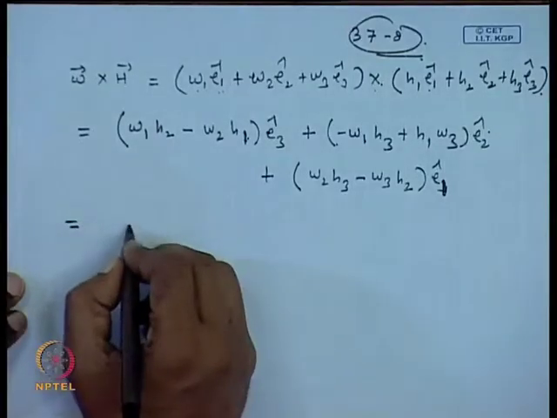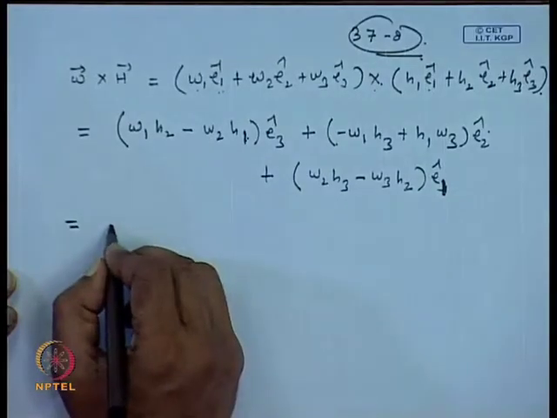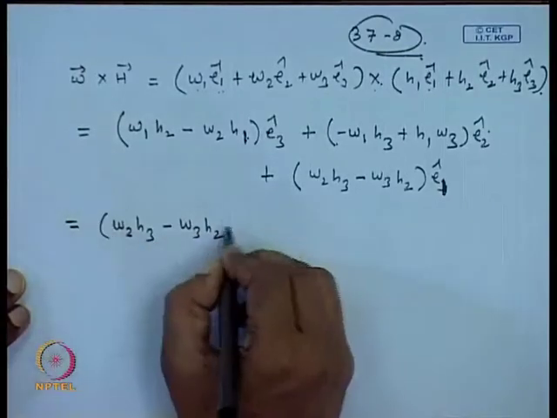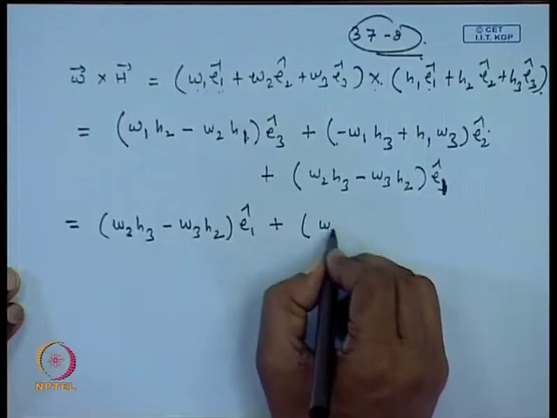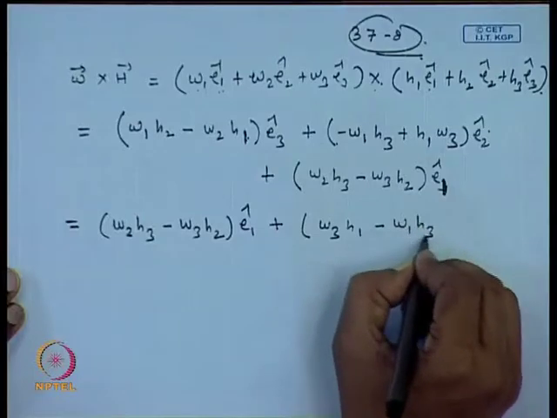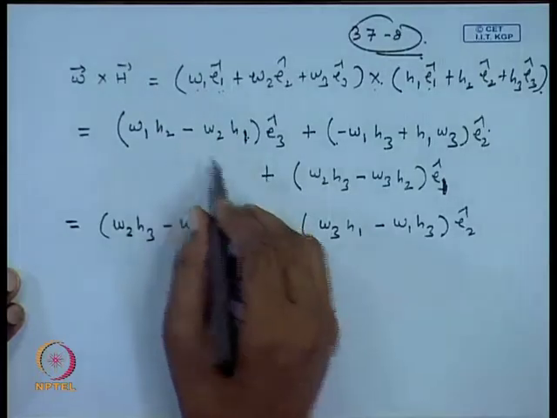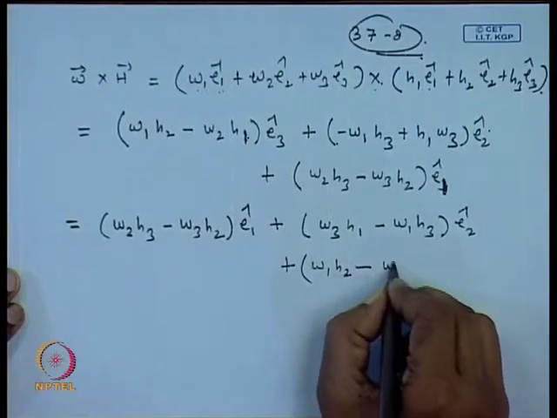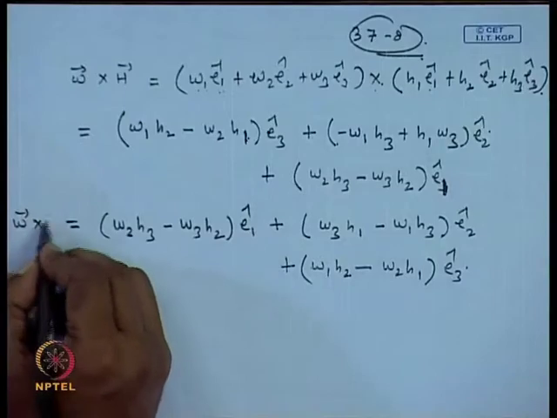Okay, rewriting the whole thing, we bring in the third term, make it the first term. So, omega 2 H 3 minus omega 3 H 2 E 1 cap, from here omega 3 H 1 minus omega 1 H 3 E 2 cap plus, now taking this term, E 3 cap. So, this is omega cross H.